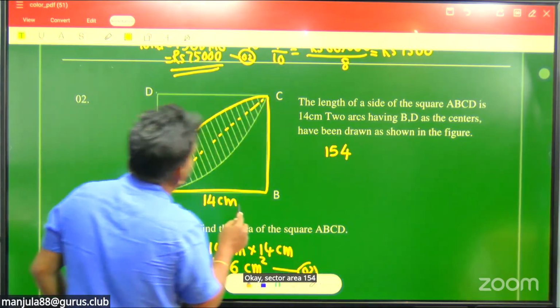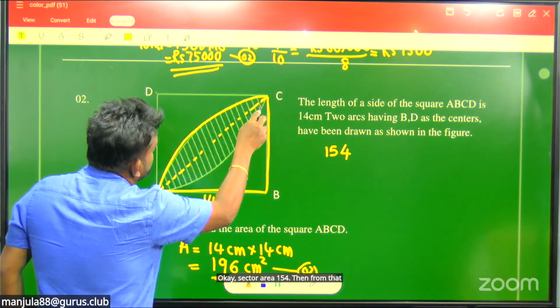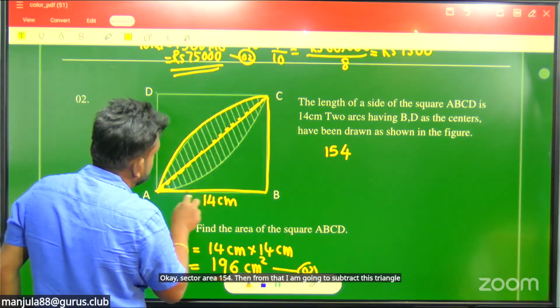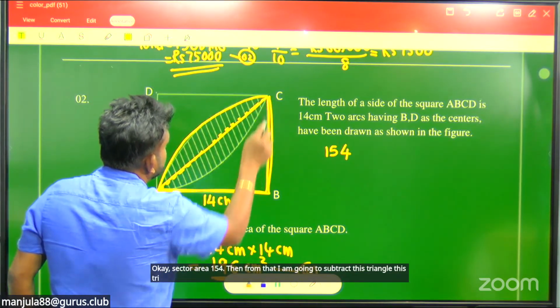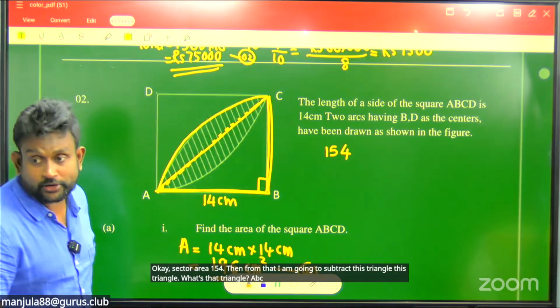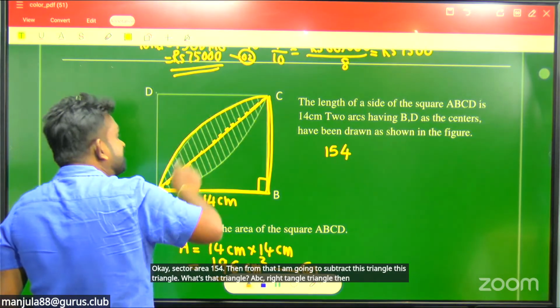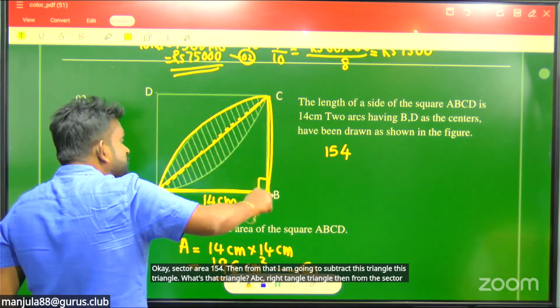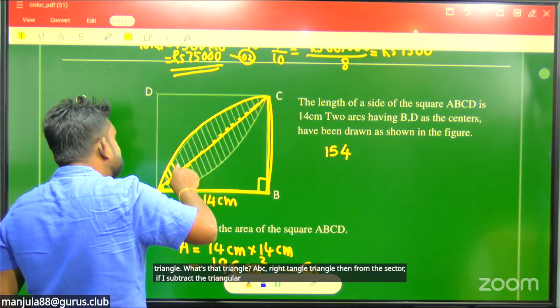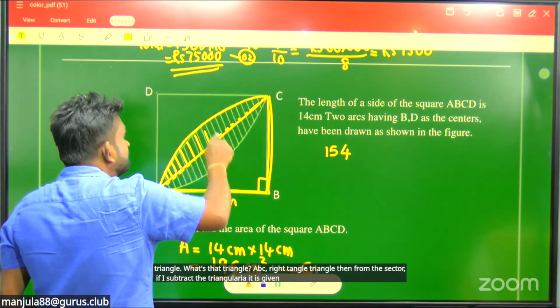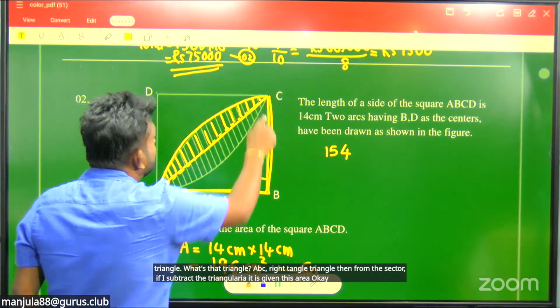Then from that, I am going to subtract this triangle. What's that triangle? ABC right angle triangle. Then from the sector, if I subtract the triangular area, it gives this area. That area only is given.